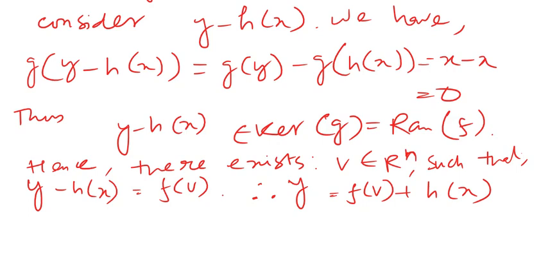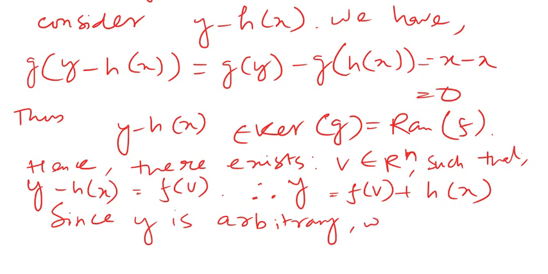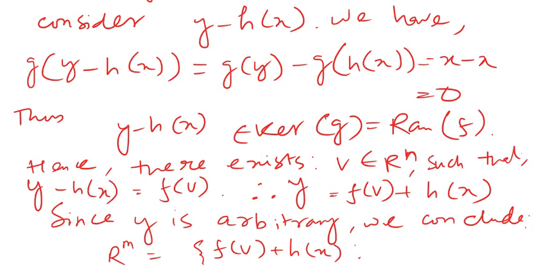The equation you can also know in basic class. And since y was arbitrary, we conclude R to the power m equals f of v plus h of x, for v belongs to R to the power n, x belongs to R to the power p. So we can prove all these three statements.